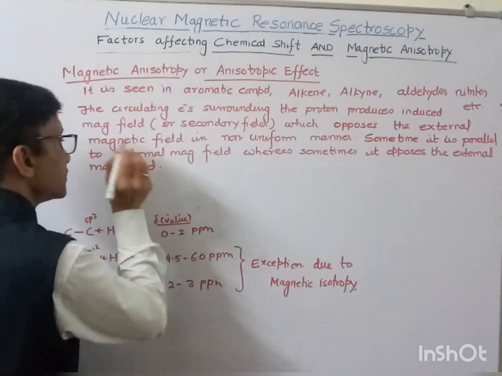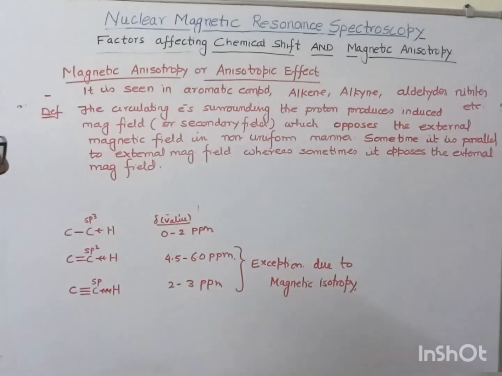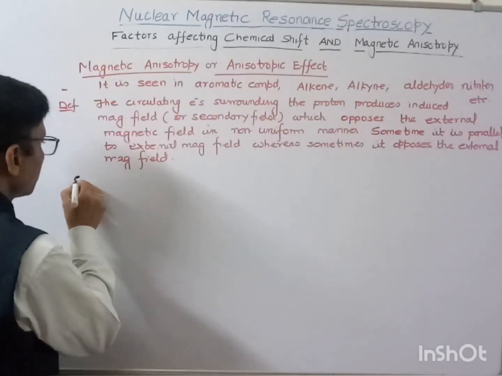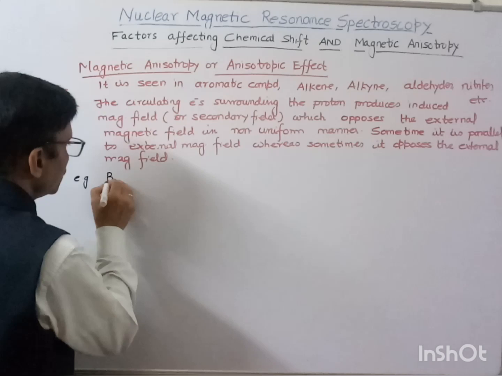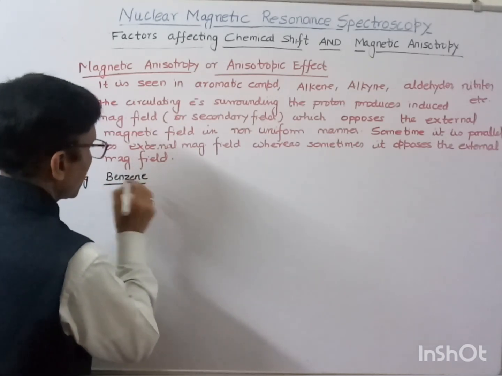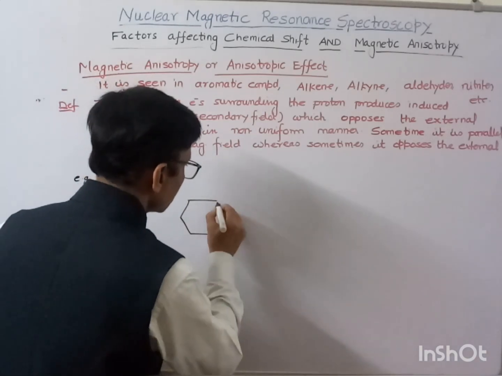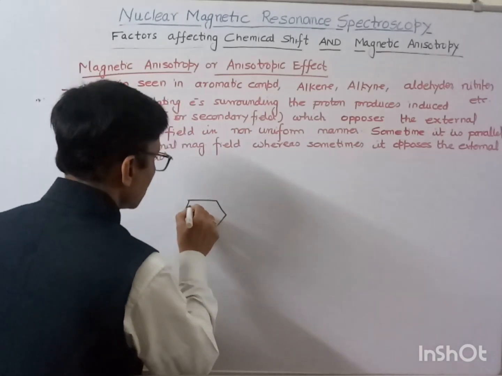So this is called magnetic anisotropy, or anisotropic effect. For example, in benzene, we may show this anisotropic effect.